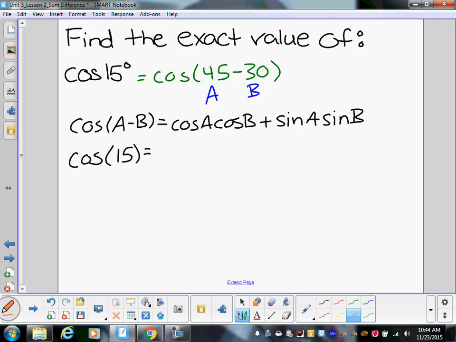So basically, I can plug in 45 for A and 30 for B.